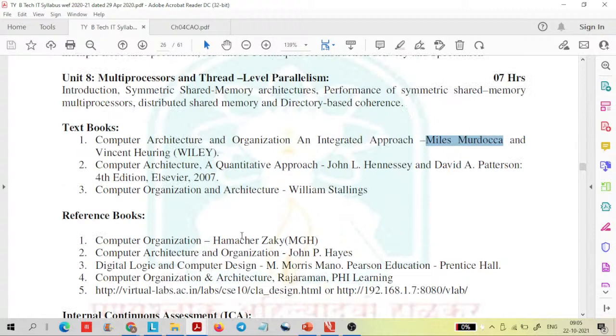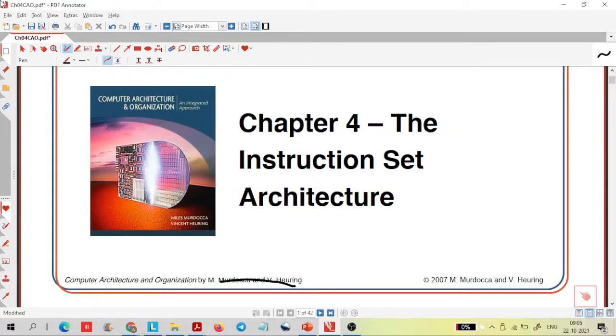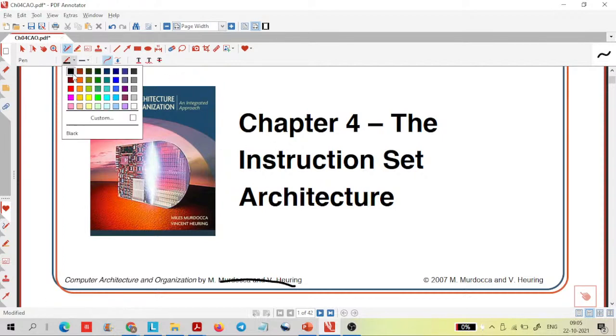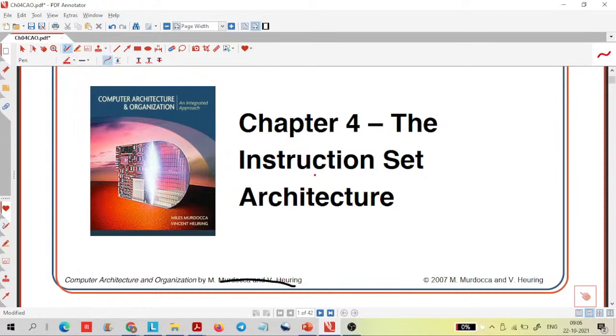That is the textbook that you have to refer to. The PPT you will get on the internet if you search with that author name and Computer Organization and Architecture.